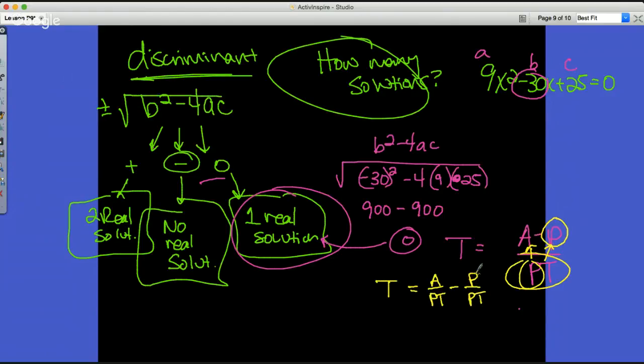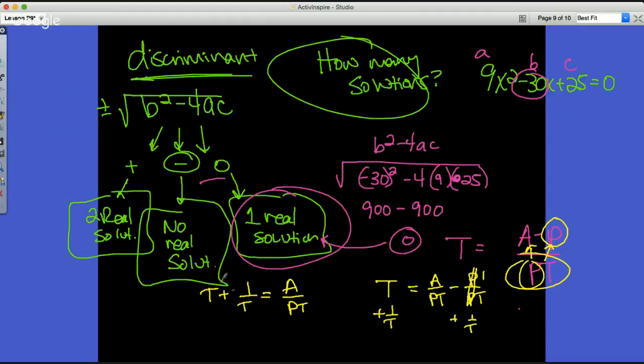Now, you'll notice that since there's two P's here, because I put it over it there, I'm just going to cancel them out to where it's 1 over T. So if it's A over PT minus 1 over T, we want P by itself, so we're going to add 1 over T to both sides, okay? This kind of seems weird here, 1 over T. So what I have now, I'm going to put this right here. I should have probably erased it, but that's okay. We'll do T over 1 plus 1 over T equals A over PT.